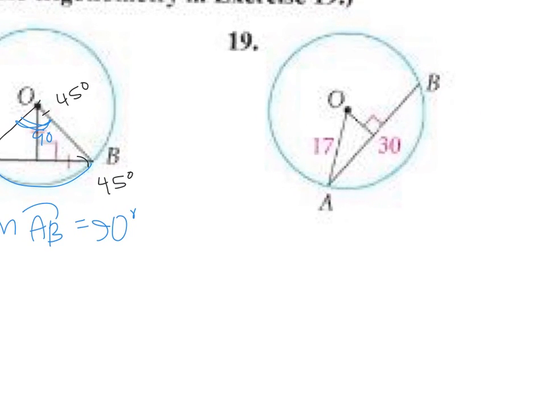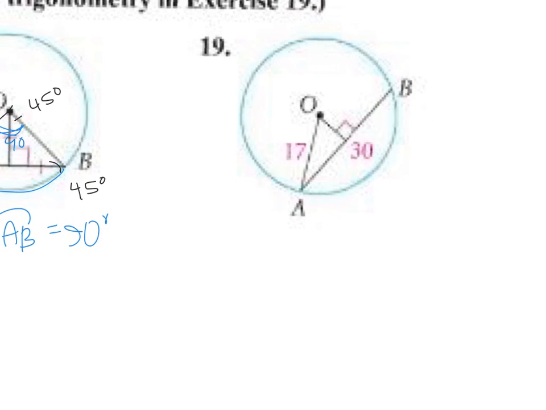And then 19, I'm trying to find this degree of this arc, so it's going to be half this angle. So this side is 15, and you're trying to find this angle. And once you find x, you have to double x. So if you think about SOHCAHTOA, you're going to use opposite over hypotenuse.